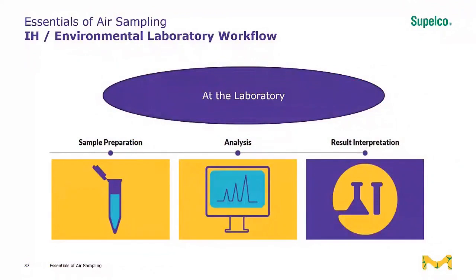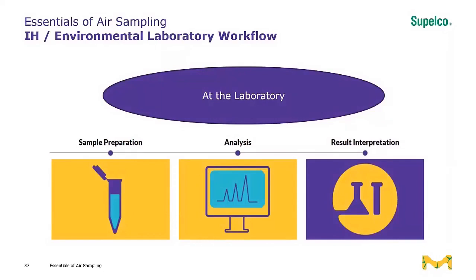They receive your samples with your paperwork that has your sample volume, any flow rate information, the location, weather conditions, and they take that information and they check in your products, and then your products are entered into their workflow, which determines where they go to in their laboratory process.